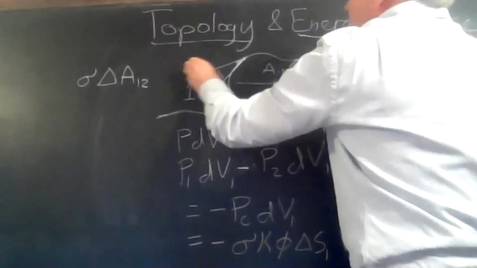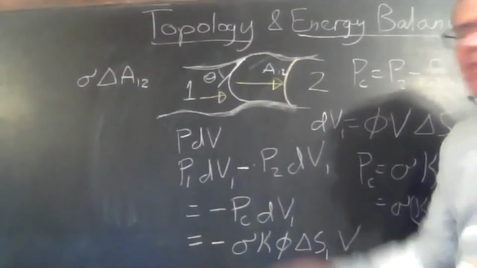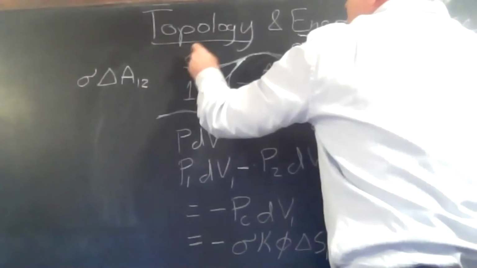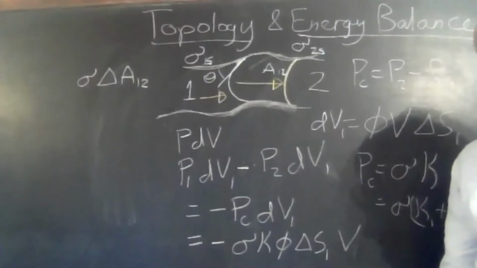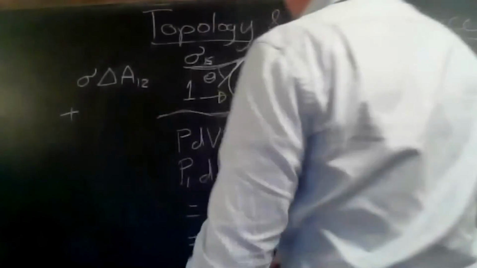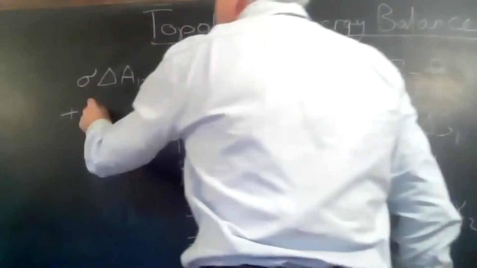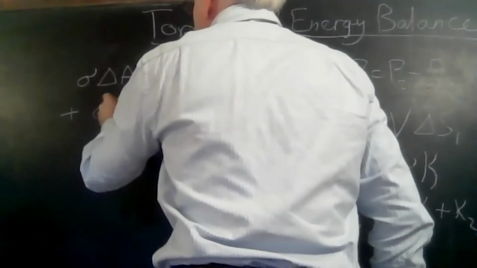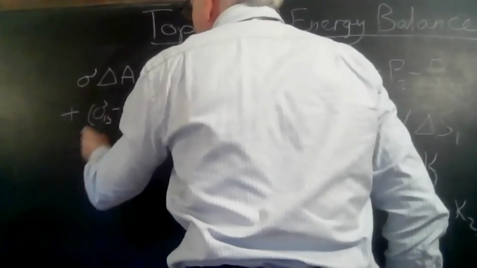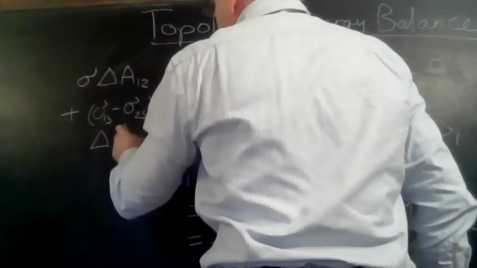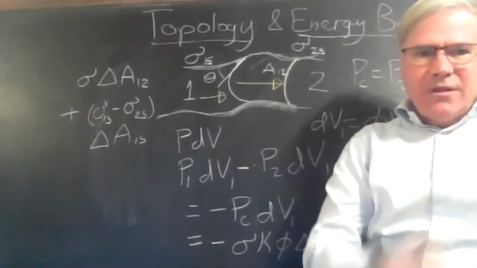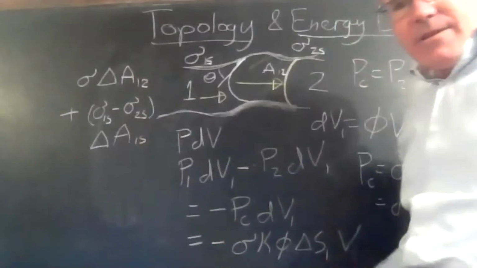So we've got an interfacial tension between phase 2 and the solid and between phase 1 and the solid. We've added phase 1, so sigma 1s, and we've taken away phase 2, sigma 2s, and that's got to be multiplied by the change in the area between phase 1 and the solid. So we've got to relate that to this.